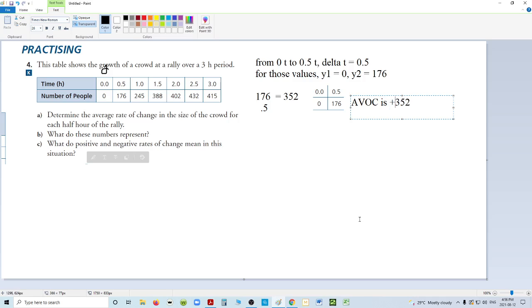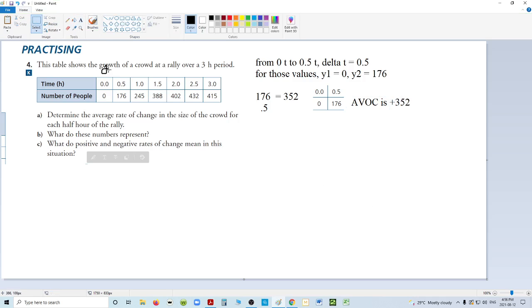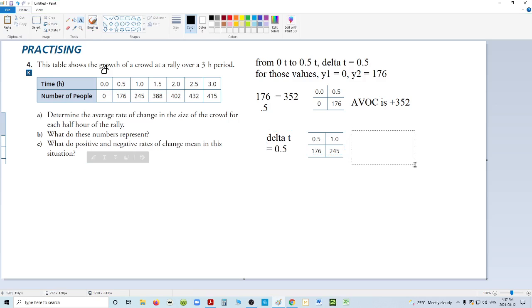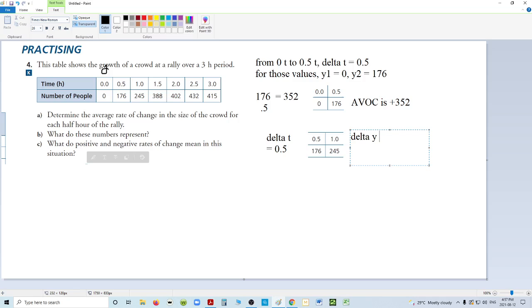Then they want you to do it for the next group. Notice that the delta x for all of this is going to be 0.5 every time, or delta t 0.5, which is the same as delta x. And what's the delta y? Well, the delta y is 245 minus 176, which is 69.